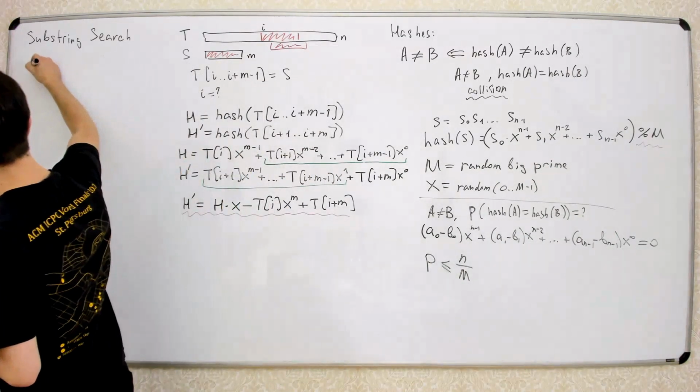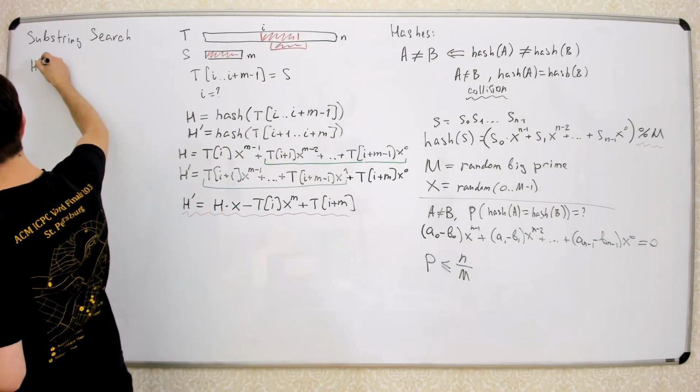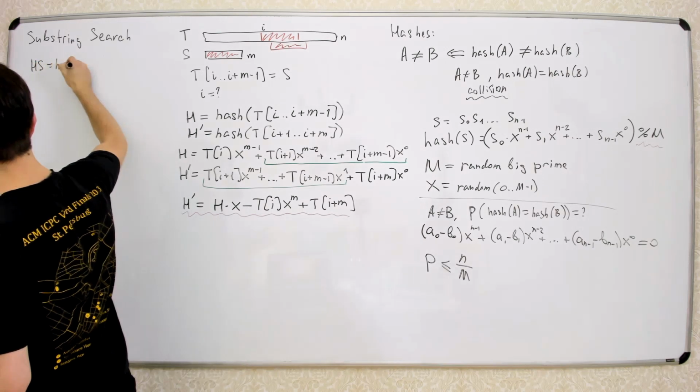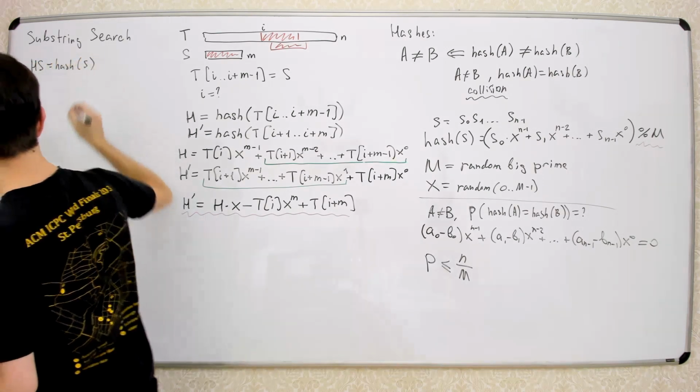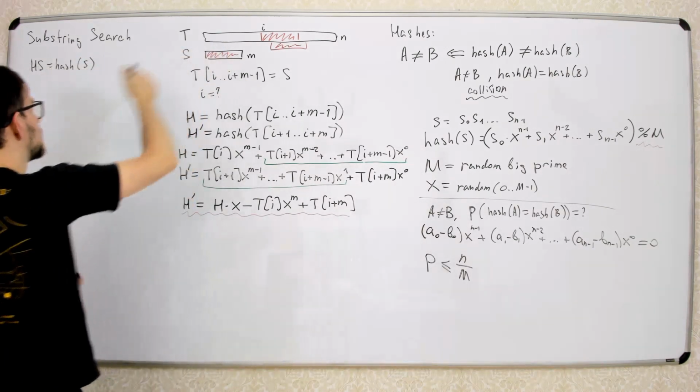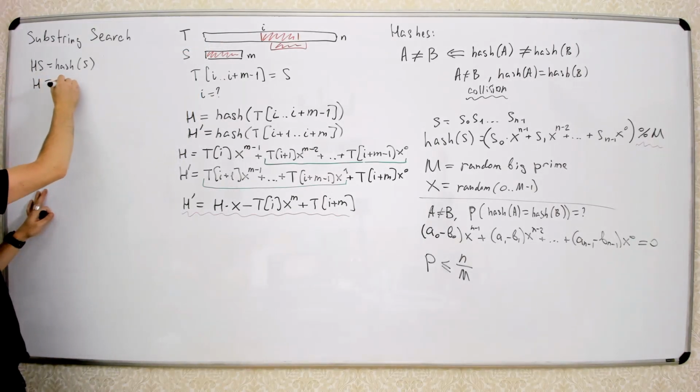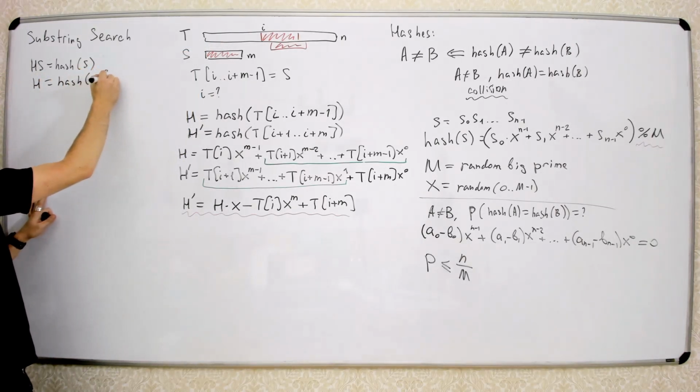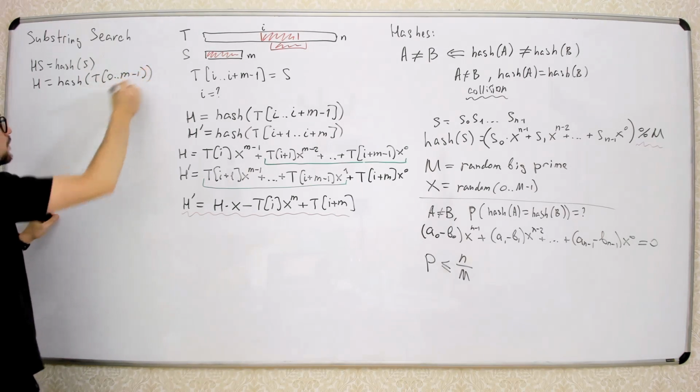So you calculate the HS again as hash of string S. You calculate the first polynomial with h as hash of t from 0 to n minus 1.